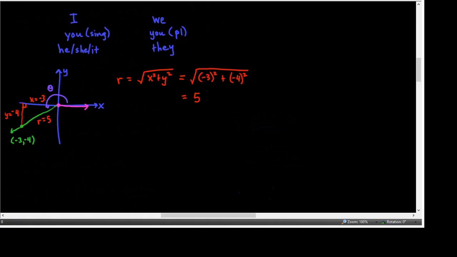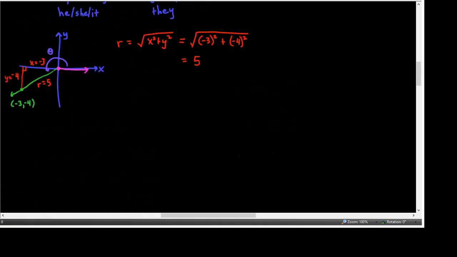Well, now we know what x, y, and r equal. All we have to do is use the formulas that hopefully you'll be committing to memory very soon. The sine of theta, that angle, will be y over r, so -4 over 5. And if that reduces, please reduce it. Cosine of theta is x, which is -3, over r, which is 5.